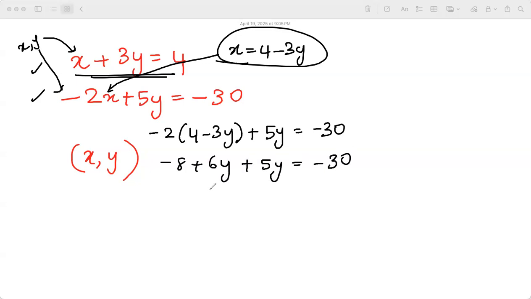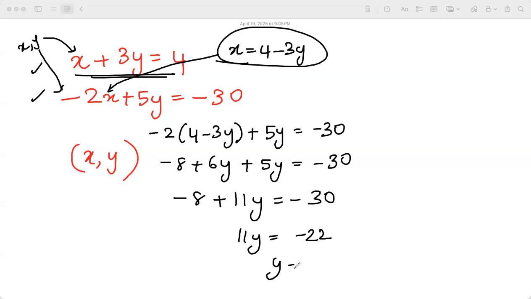Then I solve my equation as usual. Minus 8 plus 11y equals minus 30. 11y will be equal to what? Minus 22. y equals minus 2. Am I making sense?